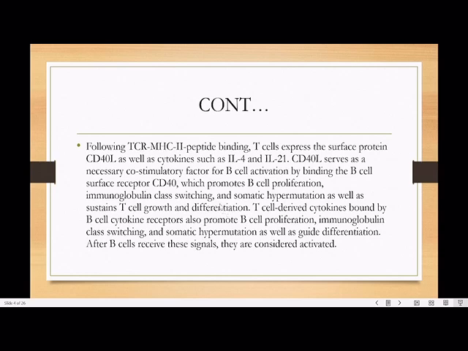The T cell derived cytokines bound by the B cell cytokine receptors also promote B cell proliferation, class switching, somatic hypermutation, and guide differentiation. After the B cell receives these signals, it is considered activated.